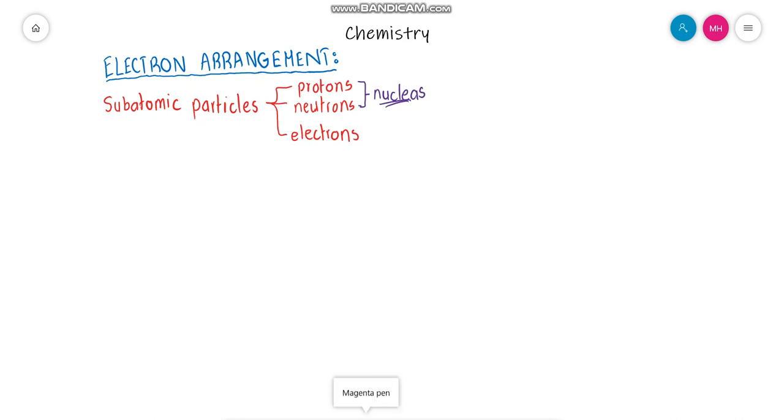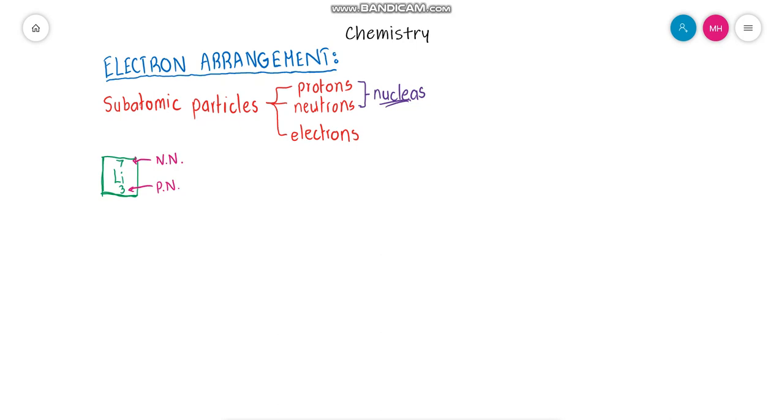Let's give an example in order to talk about electron arrangement in atoms. Let's say we have an atom of lithium. We've talked about this before. We said that this is the proton number, this is the nucleon number.